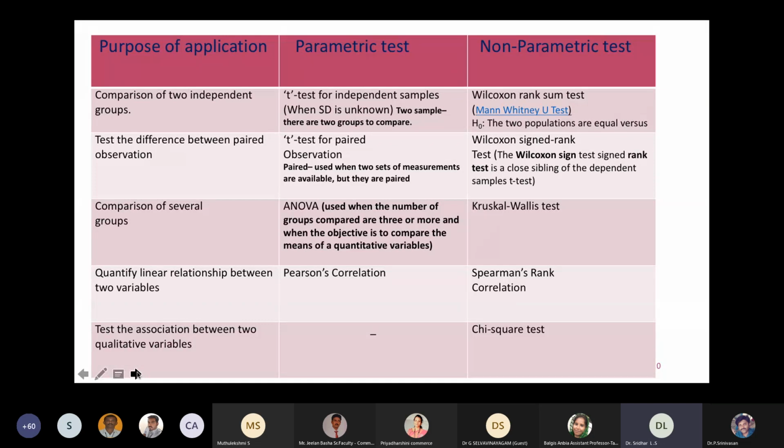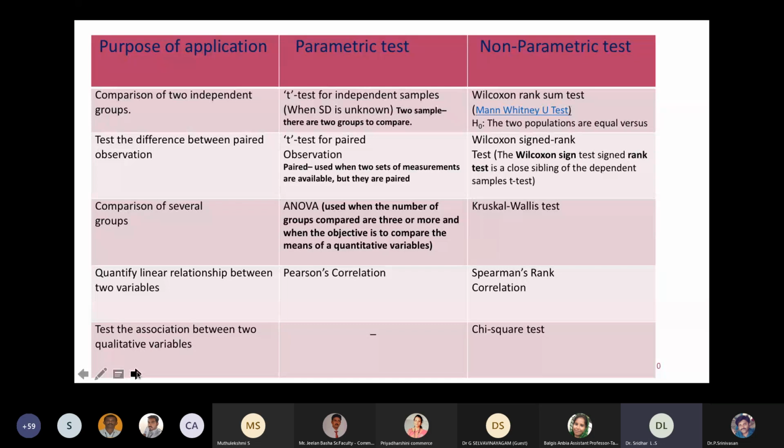So before going for a training and after going for a training, how much does productivity increase in the organization? That also you can test through pairing. The event here is the productivity, so before and after is the event you have set. And the Wilcoxon signed rank test you can use as an alternative in the non-parametric case.